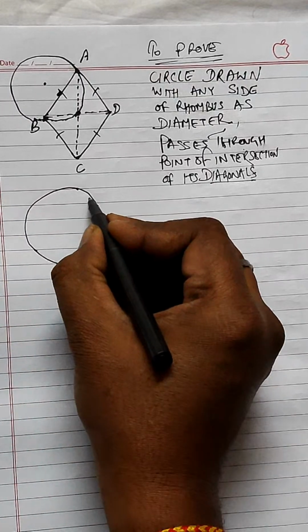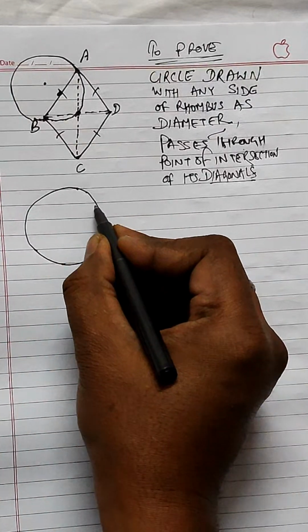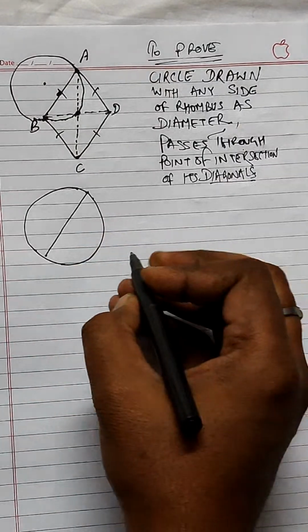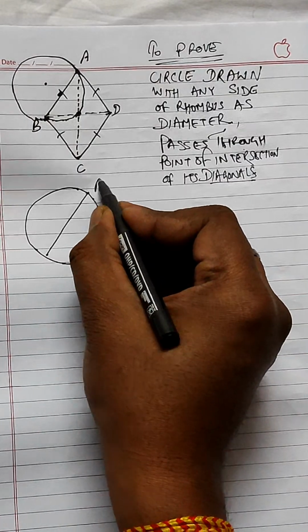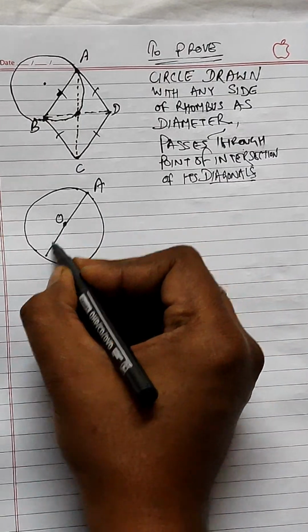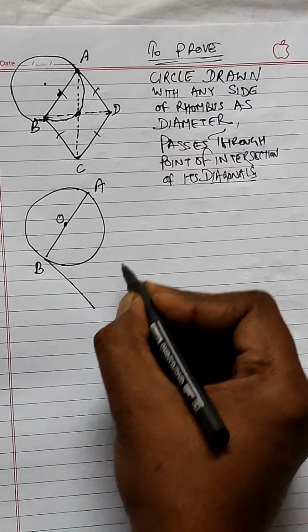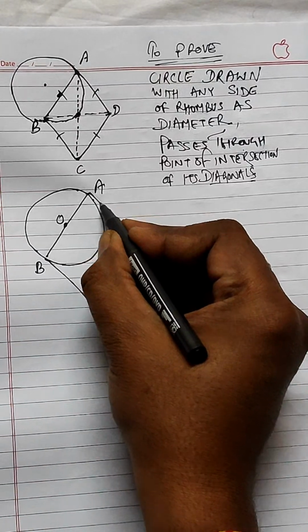First draw the circle, and if this is the diameter, then A, O, B, and this rhombus is forming like this, right?